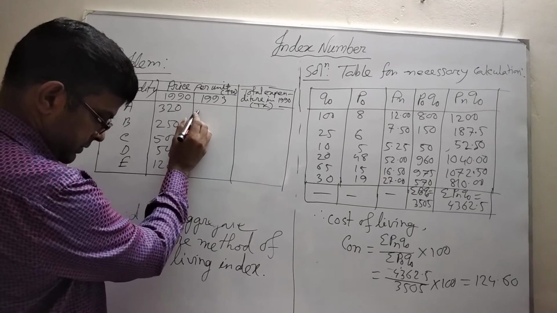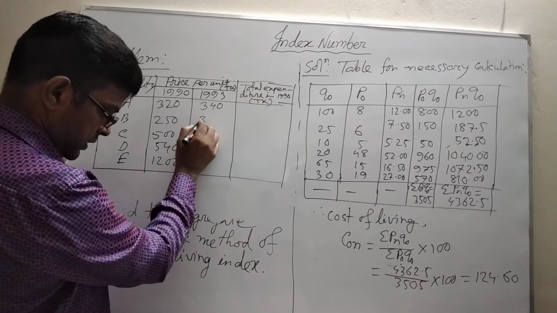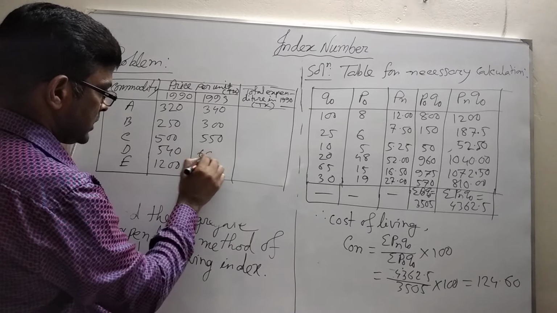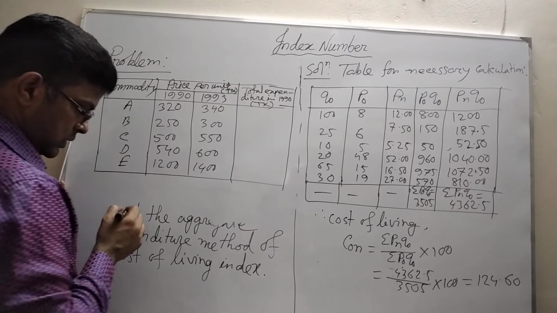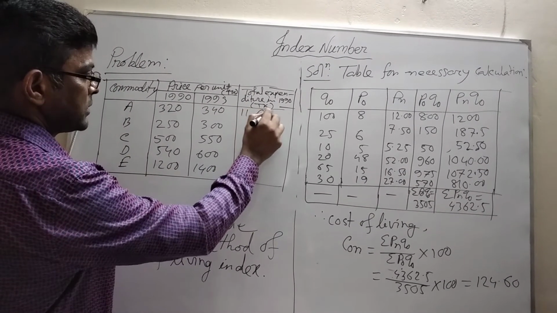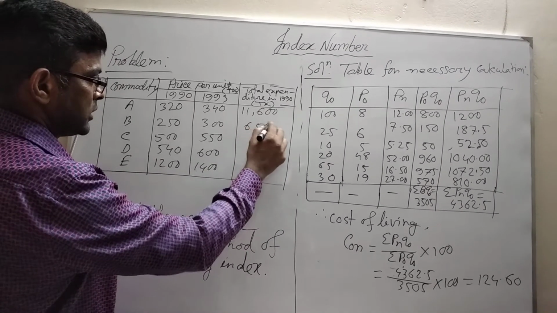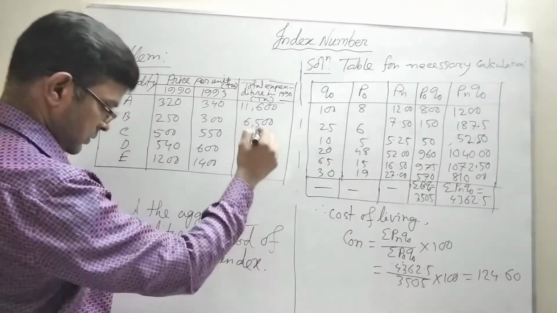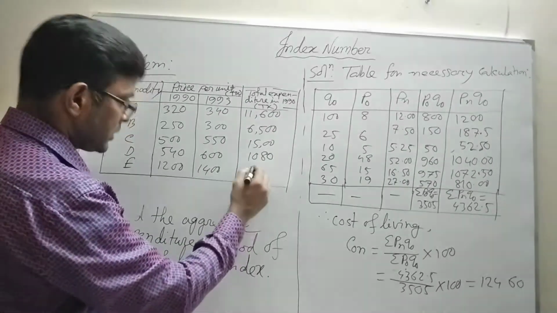Current year price: 340, 300, 550, 600, 1400. Expenditure: 11,600, 6,500, 1,500, 1,080 and 3,000.